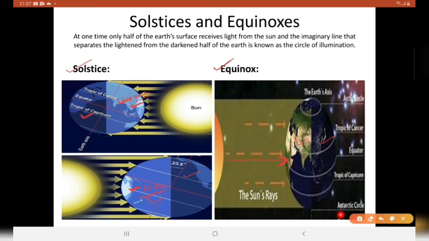In the northern hemisphere, March 21 marks the beginning of spring, hence it is known as spring or vernal equinox, and September 23rd is known as autumnal equinox. At this time of the year, the circle of illumination passes through both the poles and consequently cuts all the earth's parallels exactly half.